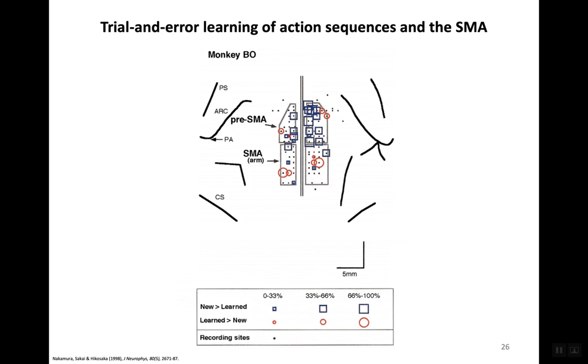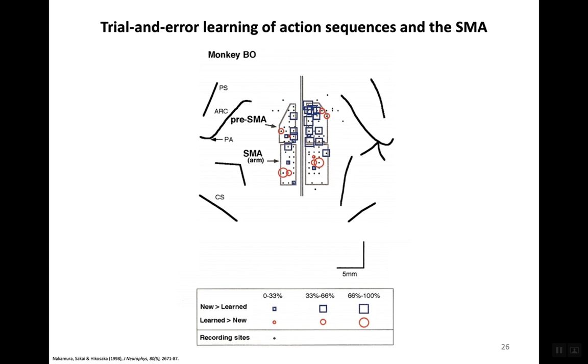And this distribution, this relative proportion of neurons was reversed in the pre-SMA. The pre-SMA was primarily involved in the trial and error learning of novel sequences, and fewer neurons within the pre-SMA were primarily responsible for the execution of learned sequences.